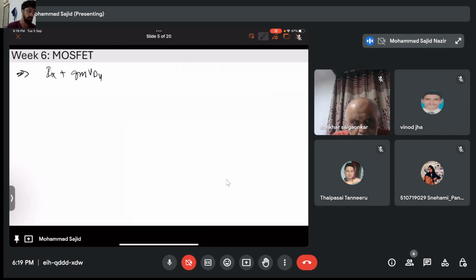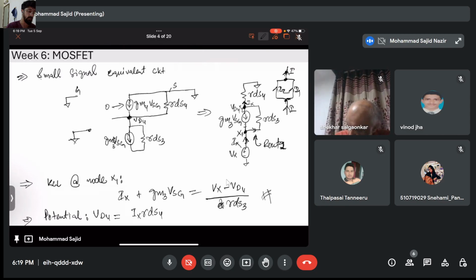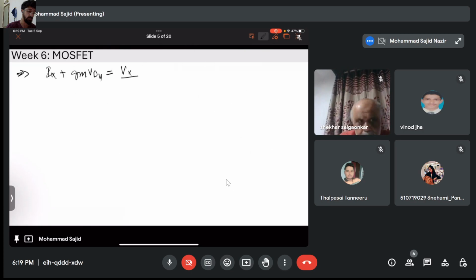This is VD4 equivalent to Vx by RDS3 minus VD4 by RDS3. Now we know VD4 is Ix times RDS4, and we will do the simple substitution.